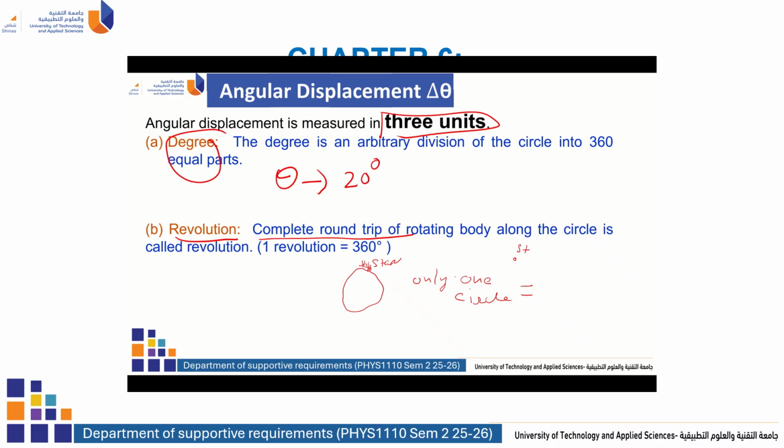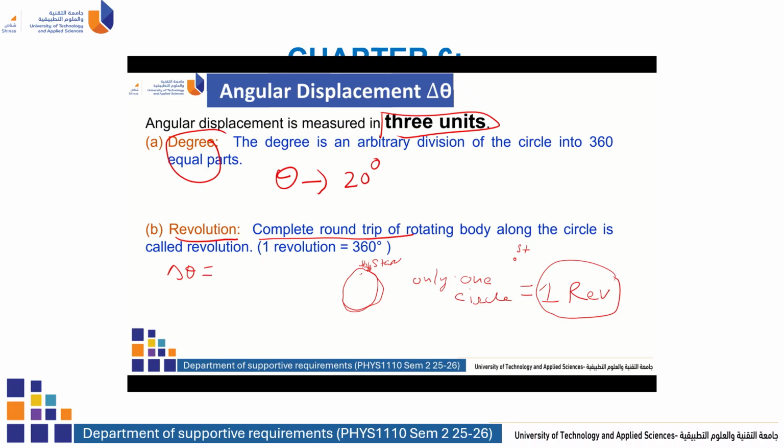Only one time, not two times. Only one circle is known as one revolution of the motion. This is one revolution. So sometimes we show the unit of angular displacement as how many revolutions there are.